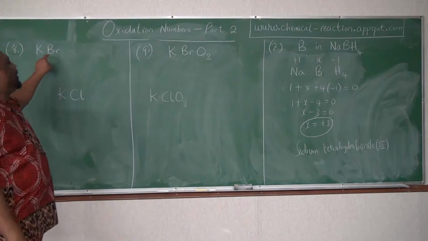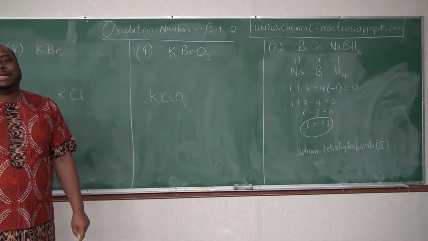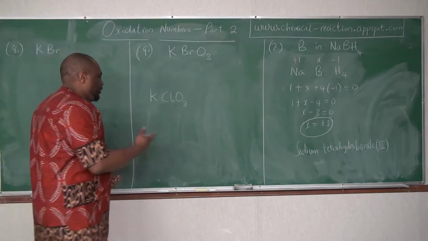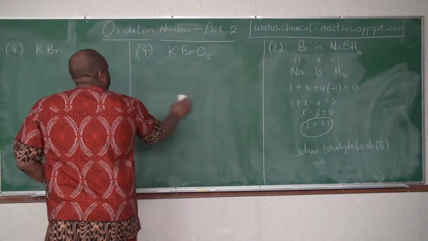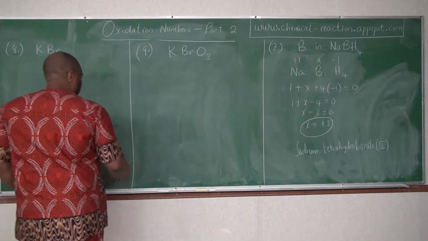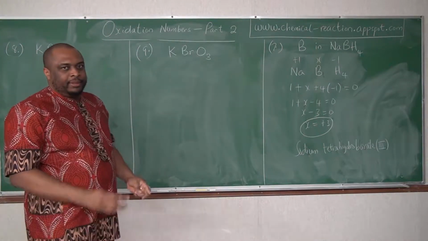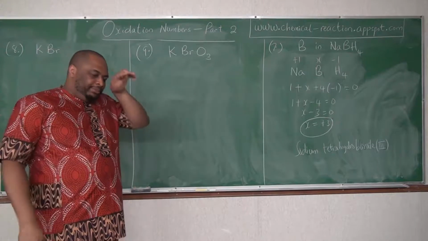Potassium chlorate. Potassium bromate. But this is potassium bromide, this is potassium bromate. By the time you deal more with compounds, you see what I mean with the common names.